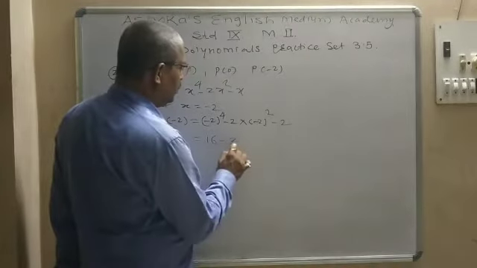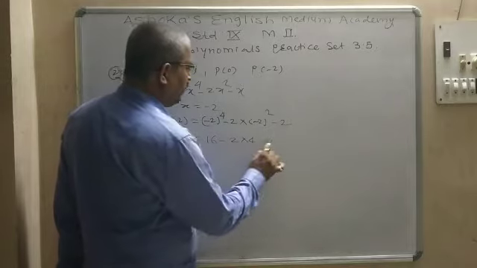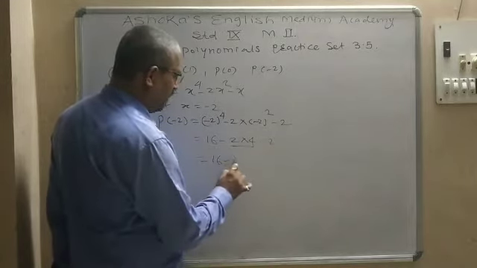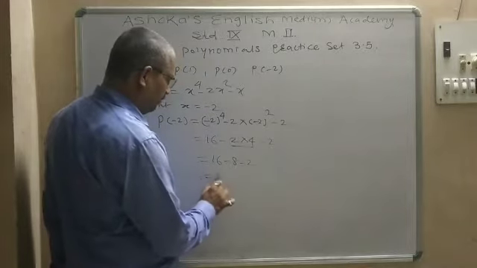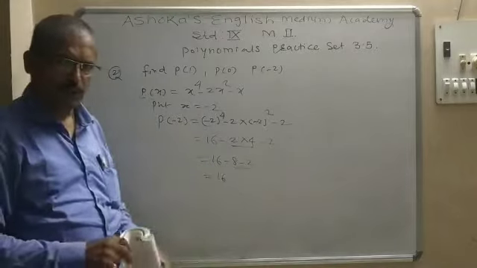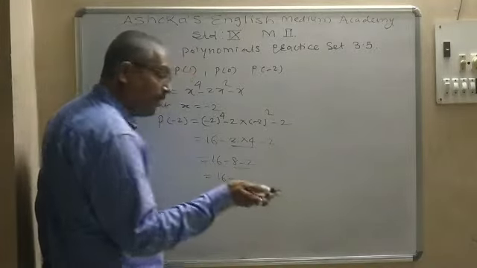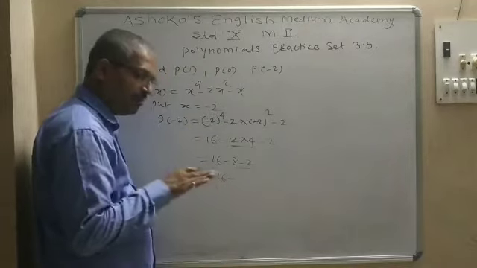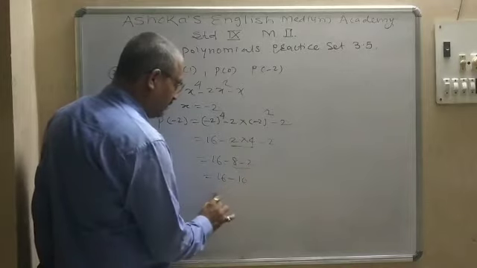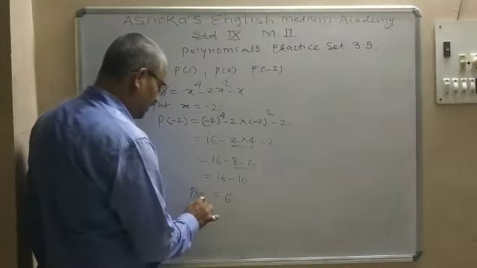Now here, minus 2 into 2 raised to 2 means positive 4, minus 2 into 4 is minus 8, minus 2. Do the addition of minus 8 and minus 2. What will come? Minus 10. Negative negative becomes positive, but we should write the negative sign only. Doing addition, minus 8 minus 2 is minus 10. So 16 minus 10, 6 is the answer.